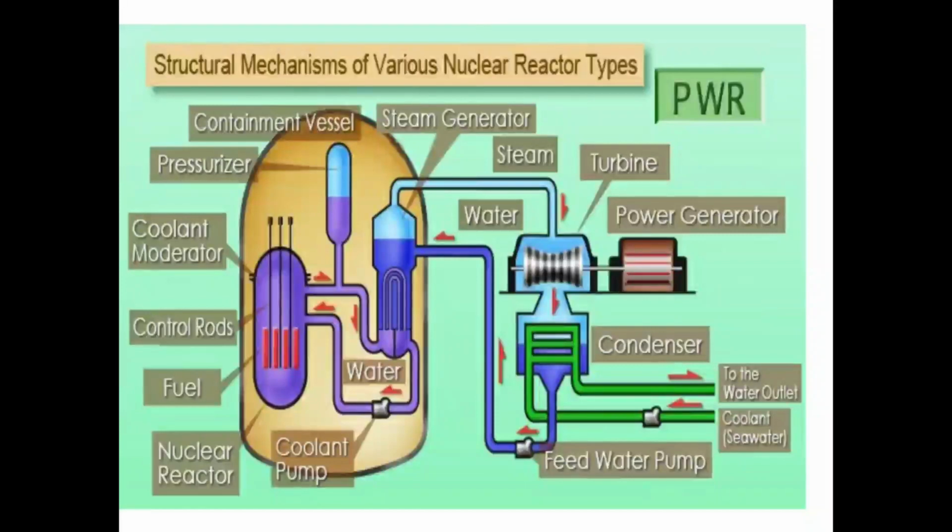The heat is carried to the heat exchanger by the liquid sodium, molten salt or light water. In the heat exchanger, cold water exchanges the heat and is converted into steam, which drives the turbine.